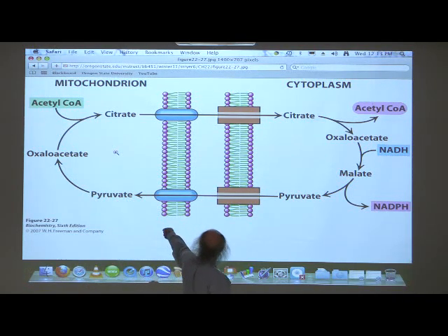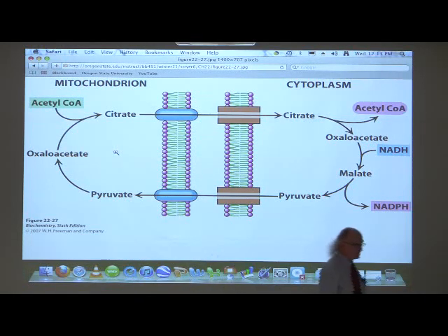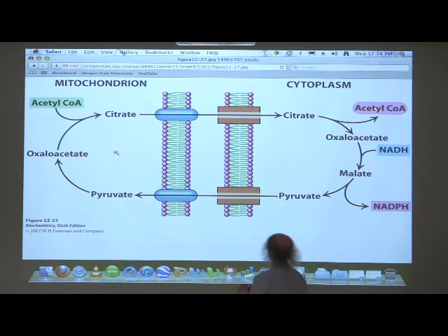All right? Citrate comes out here into the cytoplasm, and what happens to citrate? It gets broken down by an enzyme called citrate lyase. Now that's different. It sounds like the enzyme that we talked about in the glyoxylate cycle, which was isocitrate lyase. They're not the same thing. Citrate lyase cleaves citrate into oxaloacetate and acetyl-CoA.